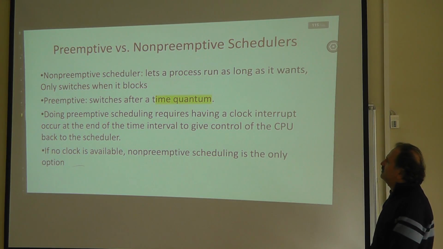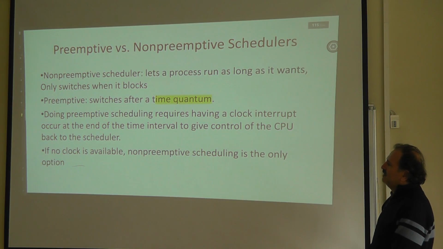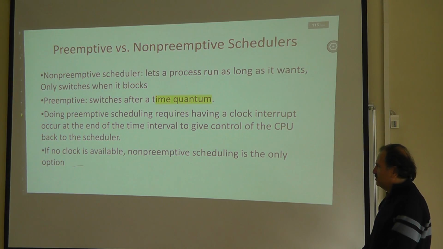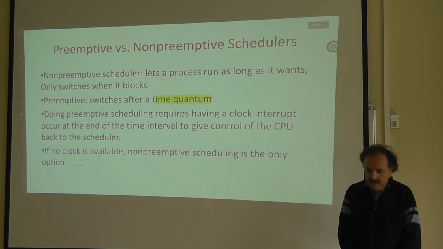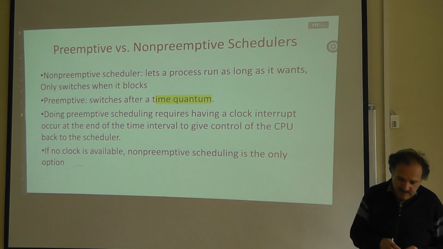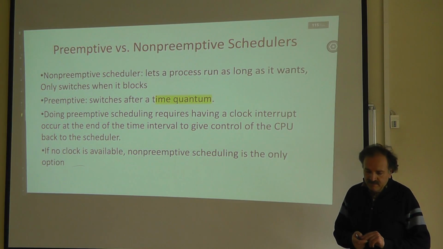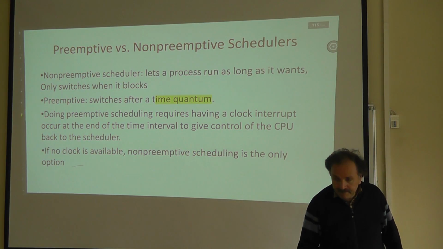So without having a system clock, interrupt clock, writing a preemptive system is not possible. Okay, if no clock is available, non-preemptive scheduling is the only option. And a clock may not be available for some systems. So preemptive is more flexible in terms of running many processes at the same time.